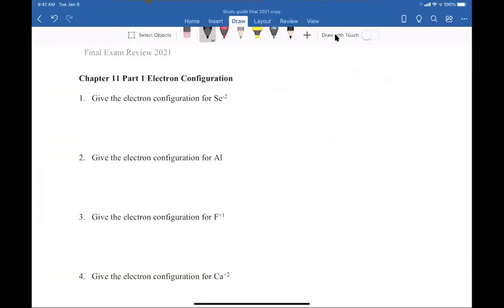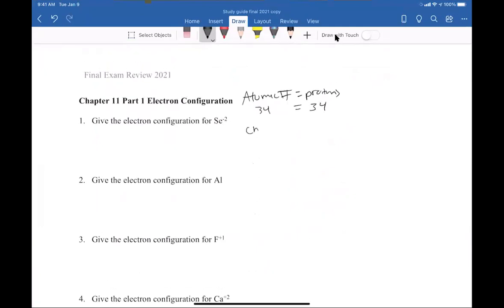Remember the two equations that we want. Atomic number is the number of protons. So if selenium's 34, it has 34 protons. Then we need to know charge. The second equation is charge equals protons minus electrons.